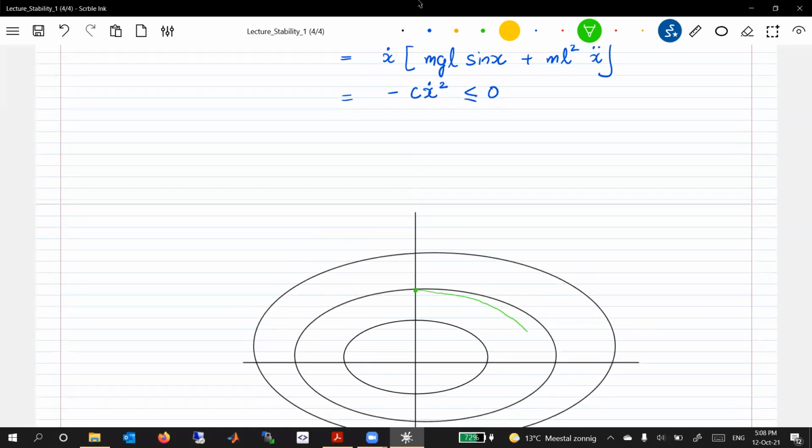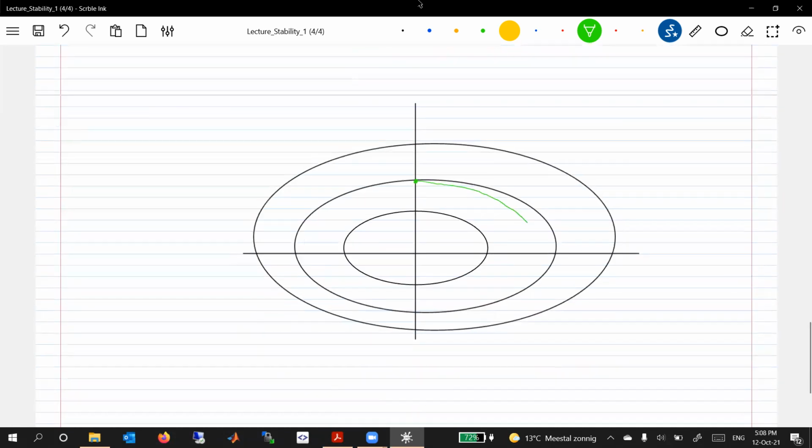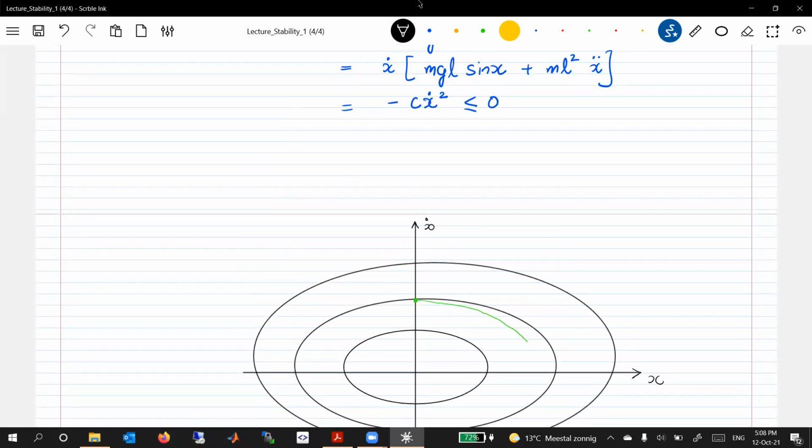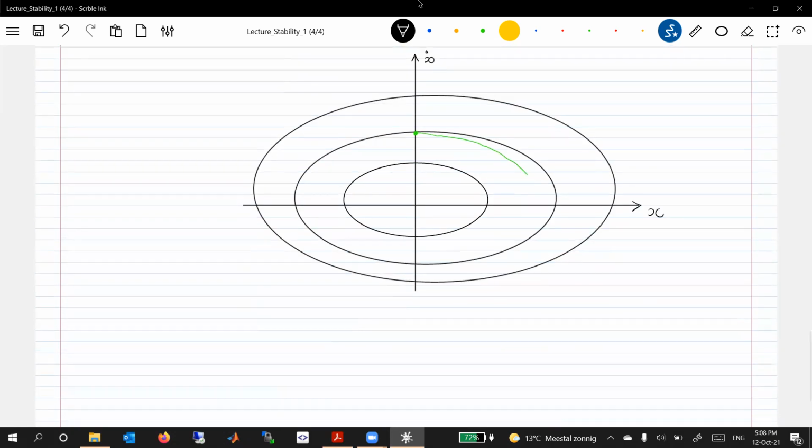For as long as x dot is positive, or it doesn't matter, x dot can be anything, we are squaring it in the end, our energy will keep on decreasing. So energy keeps on decreasing.